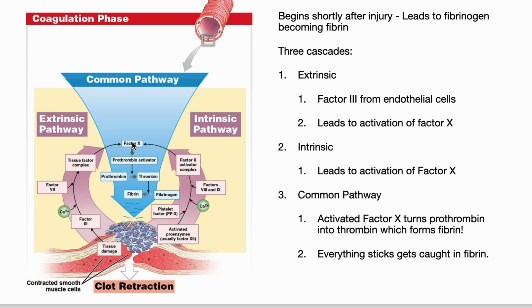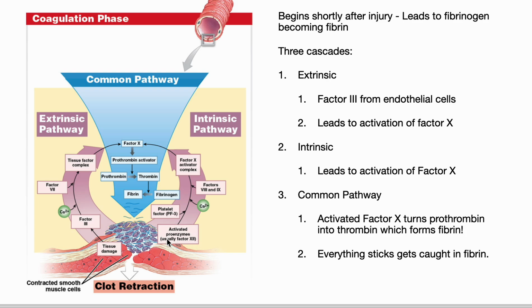Endothelial cells at the site of injury will release factor 3, which will ultimately result in the activation of factor X. That's cascade 1, extrinsic.